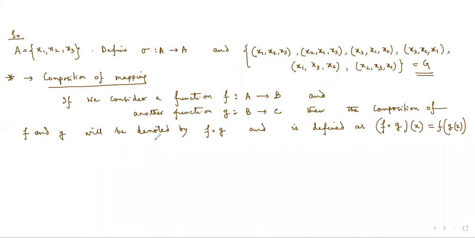And the composition F dot G will be from the set capital A to set capital C.